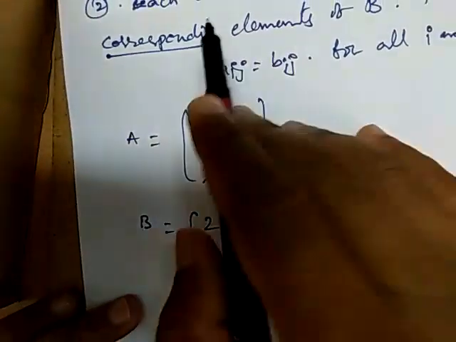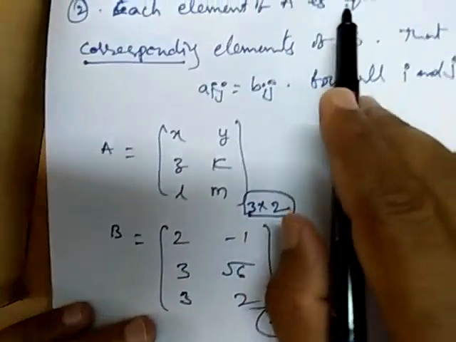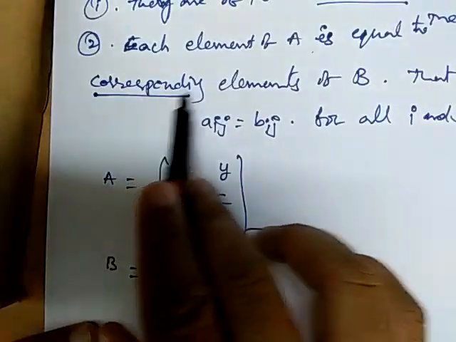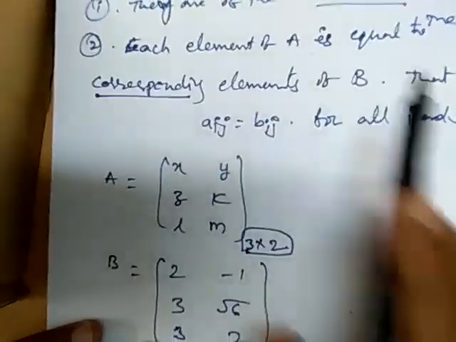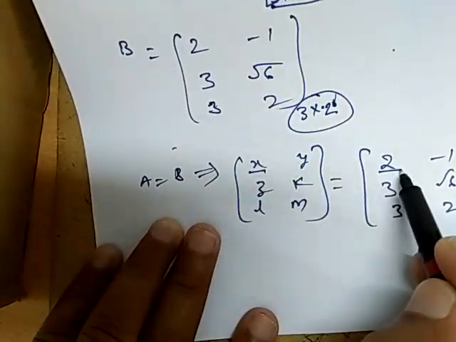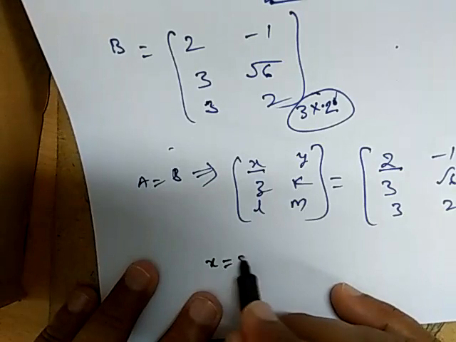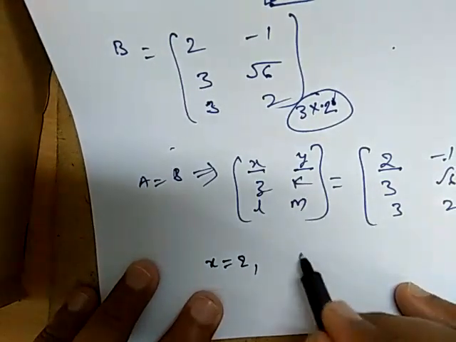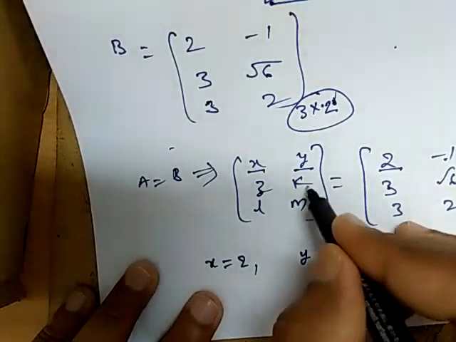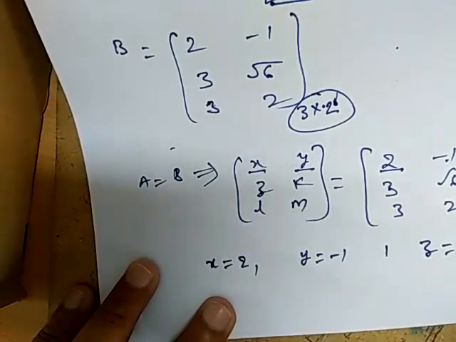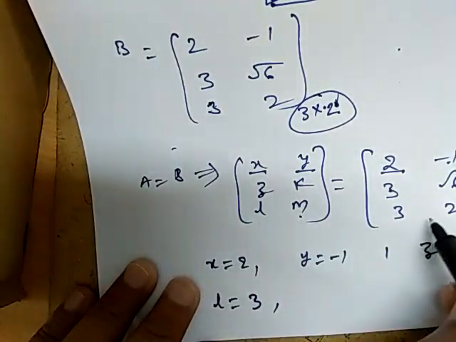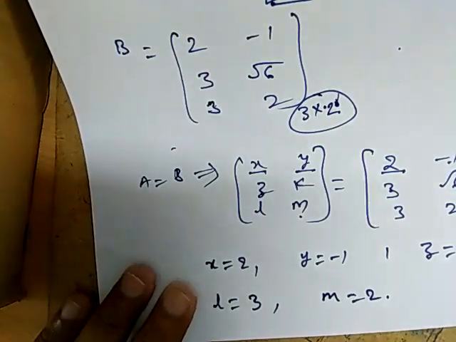By the second point, each element of A is equal to the corresponding element of B. So x equals 2, y equals minus 1, z equals 3, k equals root 6, l equals 3, and m equals 2.